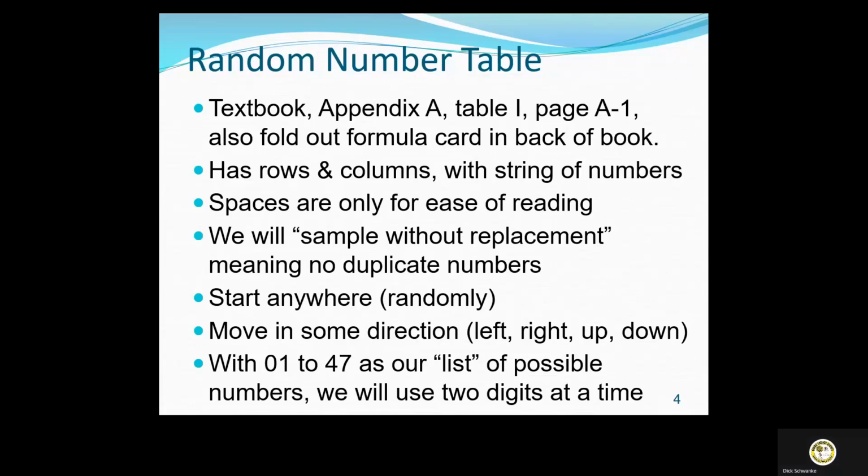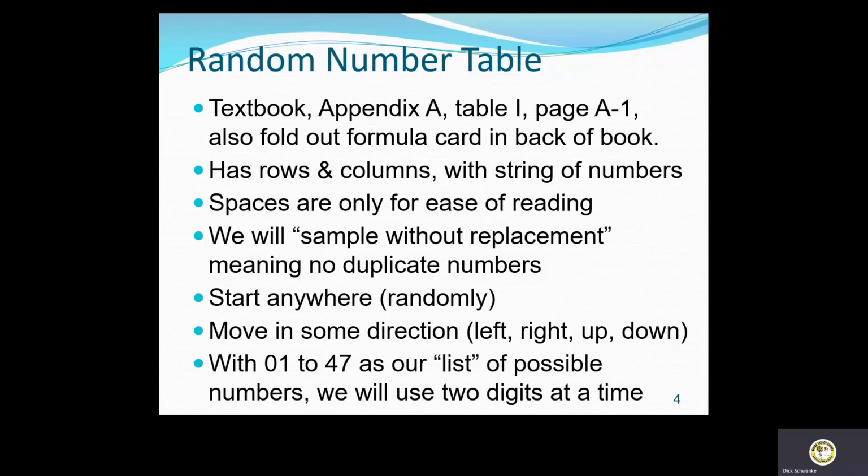If we're going down, we want 2 digits, it might be in rows 5 and 6, so we're going to read across the space. We're going to sample with what we call sampling without replacement. In other words, we're not going to duplicate the number. So if we run into a duplicate number, we skip it and keep on going.